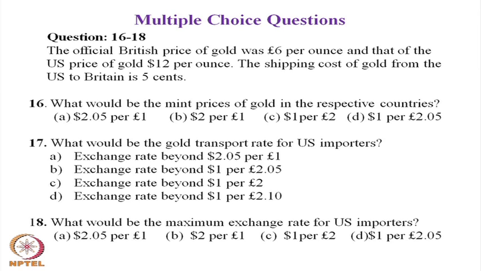Answer to question number 17 are A, exchange rate beyond $2.05 per pound sterling, B, exchange rate beyond $1 per 2.05 pound sterling, C, exchange rate beyond $1 per 2 pound sterling, D, exchange rate beyond $1 per 2.10 pound sterling. Mark the answer, keep it with you.